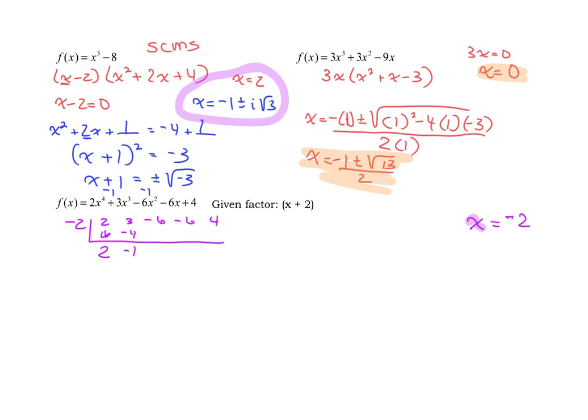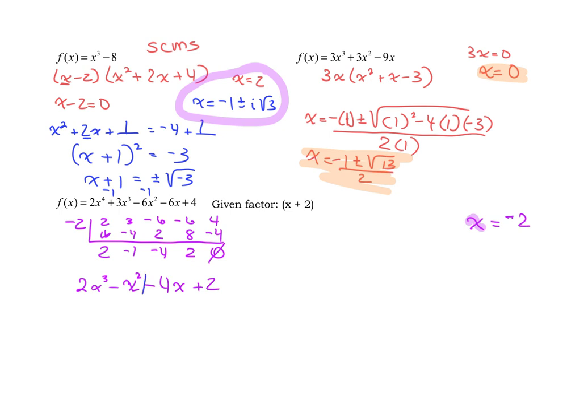Add them together. -2 times -2 is +4. Add them together. -2 times -4 is +8. Add them together. -2 times 2 is -4. There's my remainder, zero. So I have 2x cubed minus 1x minus 4, x squared minus 4x plus 2.